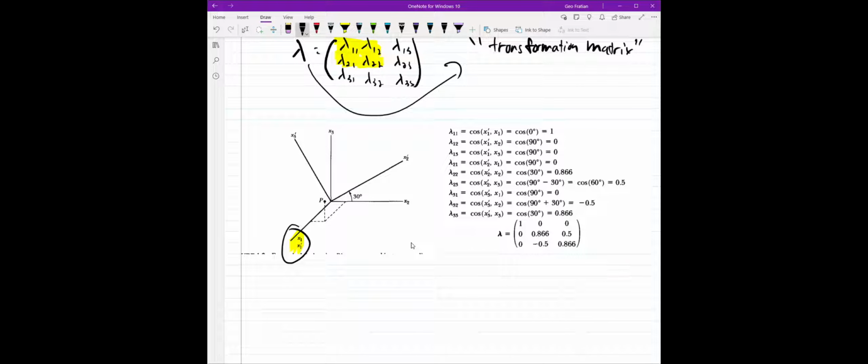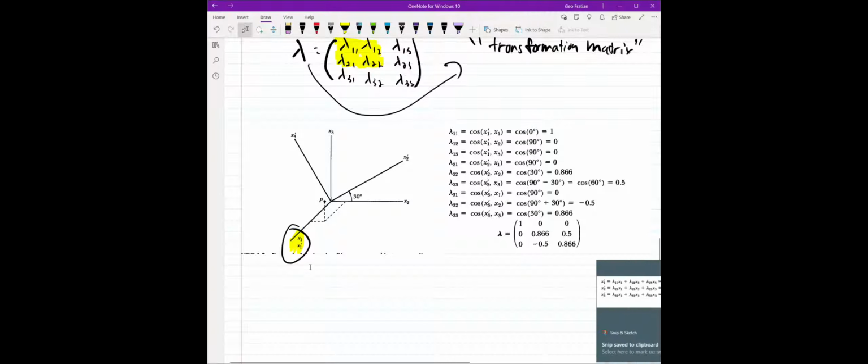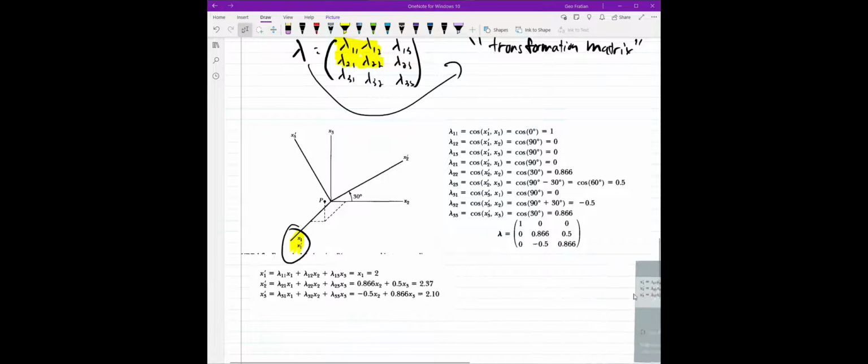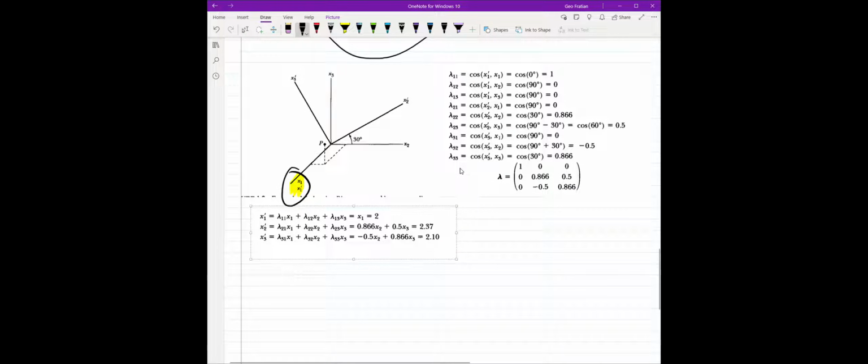So yeah, we can formulate all this in a nice little matrix, and this will tell us how we can coordinate transform if we want to move from the prime to the non-prime axis, or the other way around. What we see is if we put them into the actual formulation of lambda 1,1, lambda 1,2, lambda 1,3, to solve for the x1 primes, or the x primes, we get 2, 2.37, 2.1.